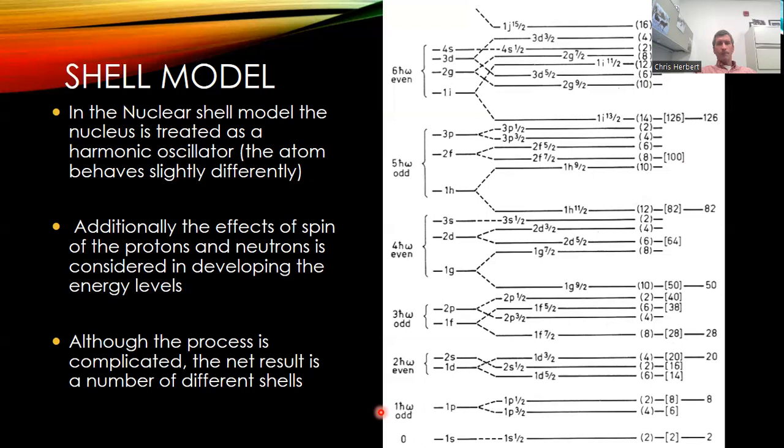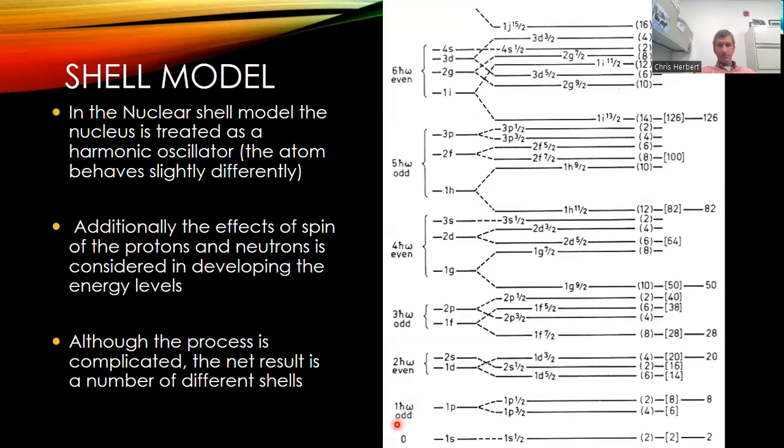Here, the shape of the well is almost more box-like. I guess it would be closer to our harmonic oscillator, which I know is a parabola, but the strong force would be closer in terms of a potential to the harmonic oscillator.